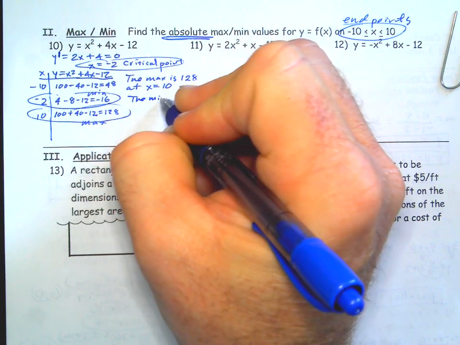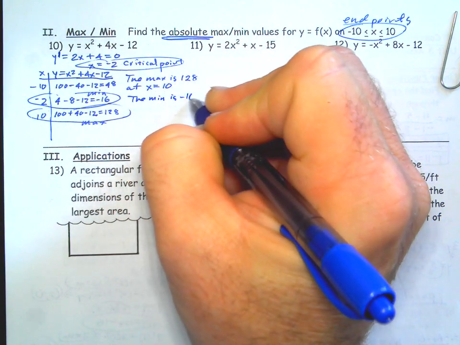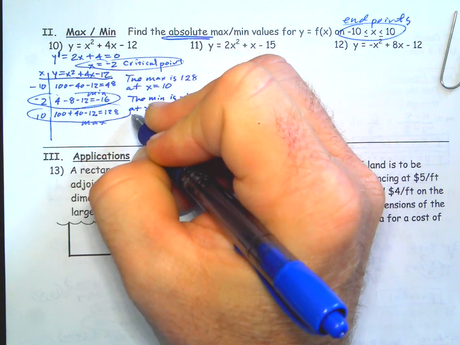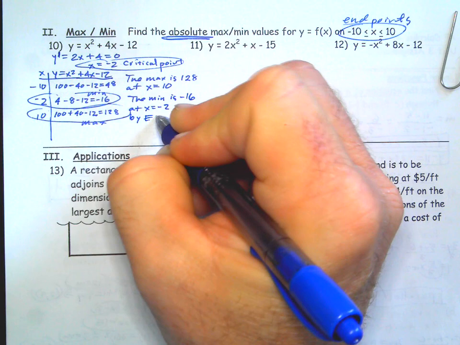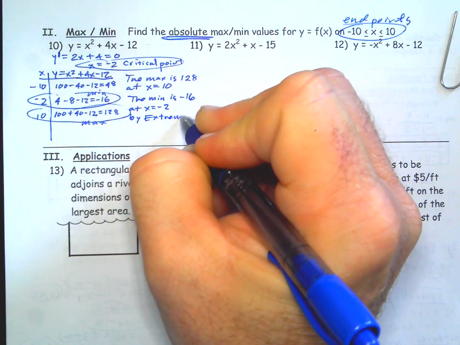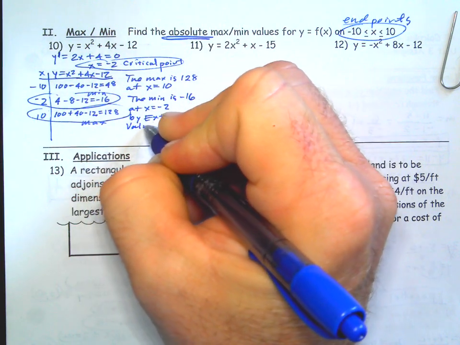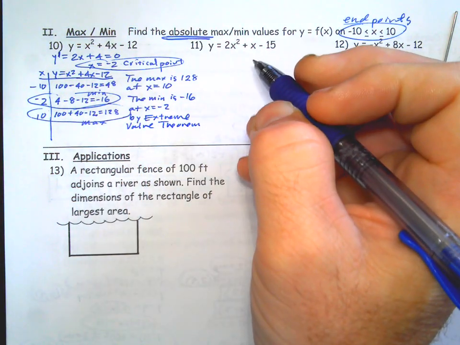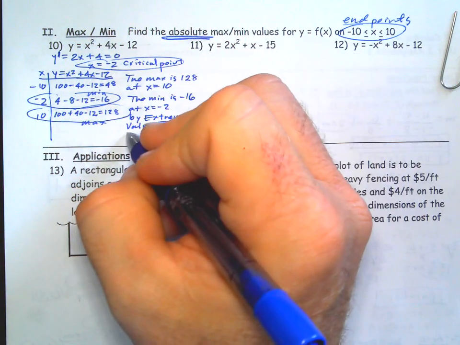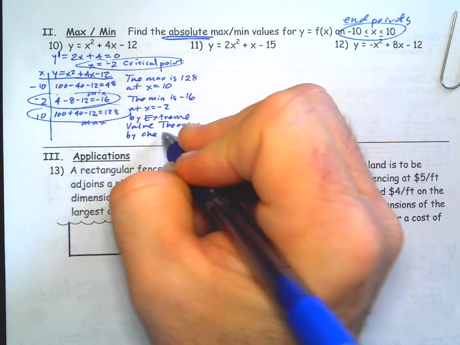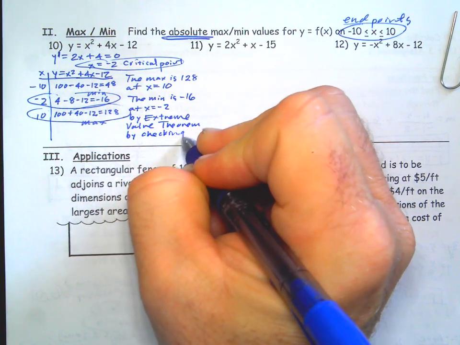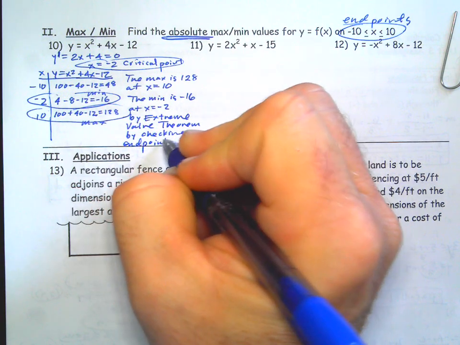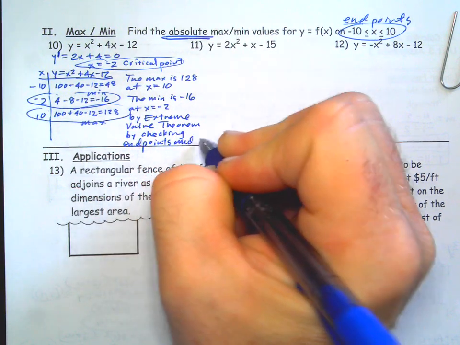The min is -16 at x equals -2 by extreme value theorem. That's what we're using. I want you to start writing this. You're going to have to write this on free response problems. Might as well get started. Just do it all year by checking endpoints and critical points. So I want all this for full credit.